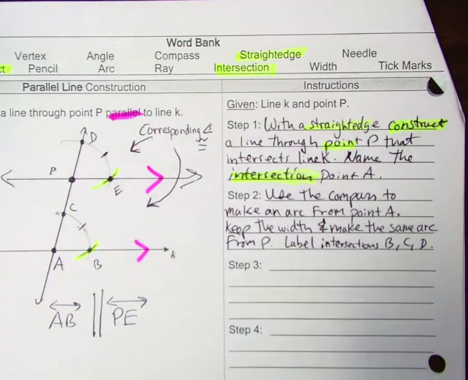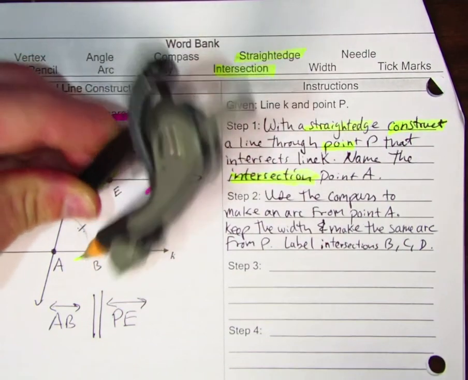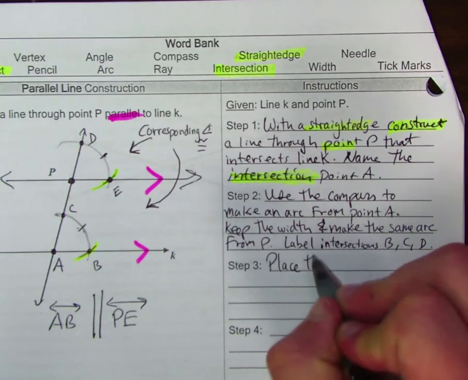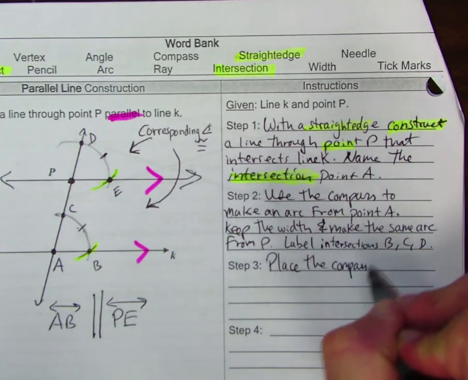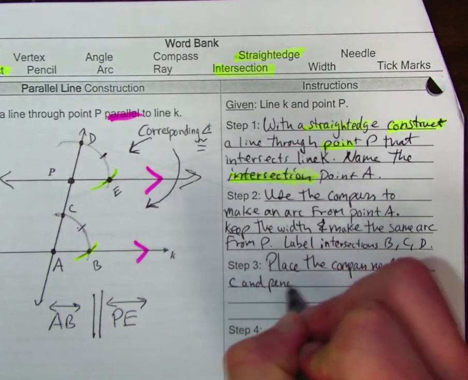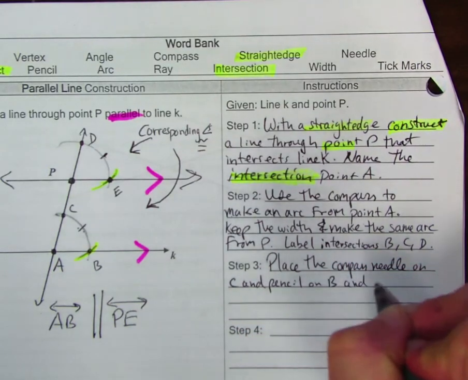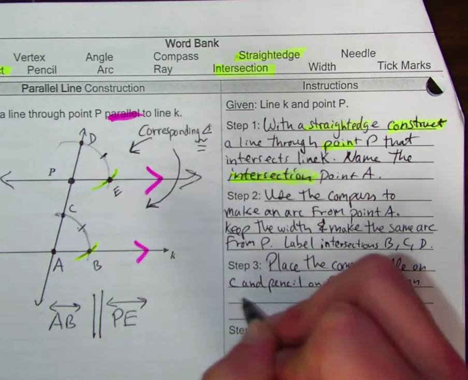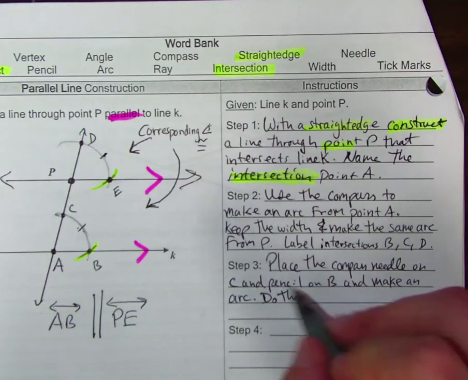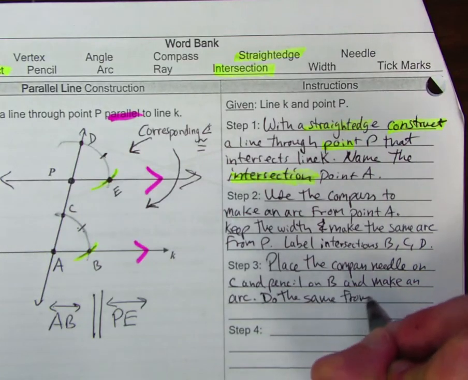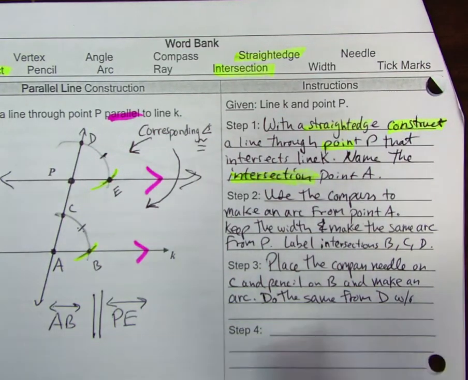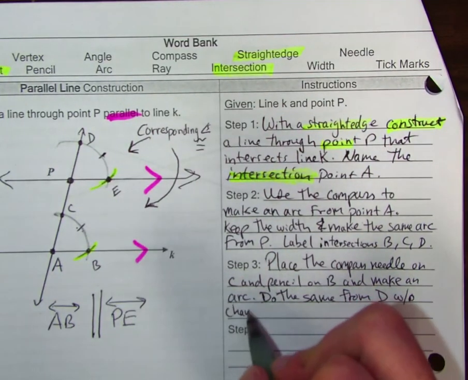Step 3, we're going to put the needle on C, pencil on B, make a little arc, and then do the same thing from D. Do the same from D without changing the width.